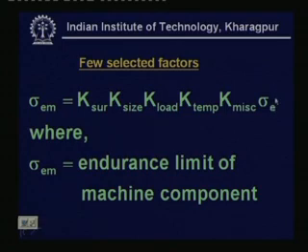Sigma E is the endurance limit of the material from which the machine member will be made or manufactured. Now, here sigma EM is the endurance limit of the machine component. That means this is the material, but when you are considering the endurance limit for the machine component, many factors are to be taken care of along with the endurance limit for the material which we have obtained from the tests or the graphs.